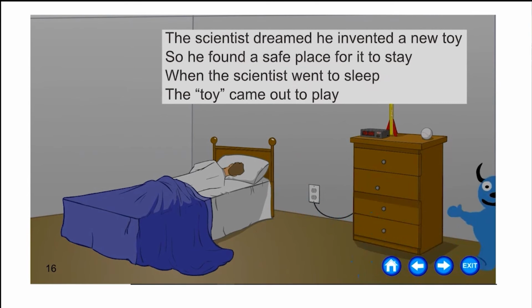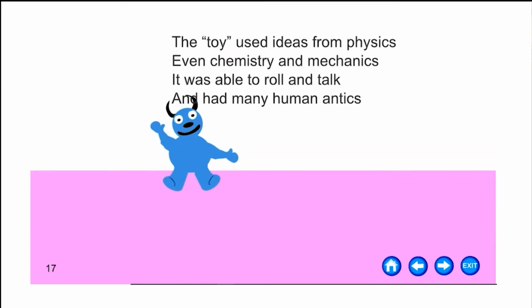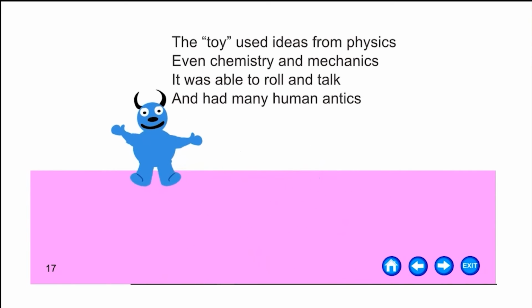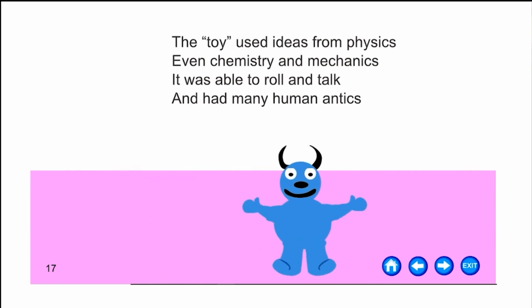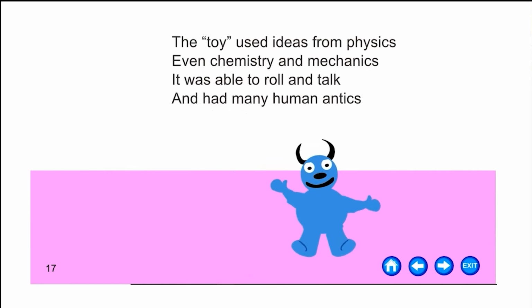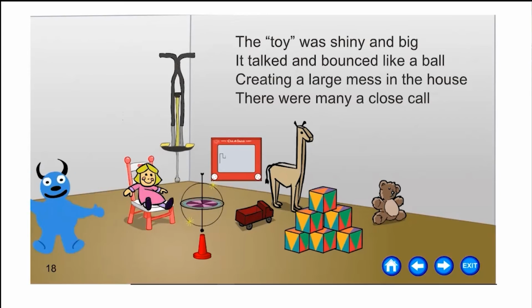The scientist dreamed he invented a new toy, so he found a safe place for it to stay. When the scientist went to sleep, the toy came out to play. The toy used ideas from physics, even chemistry and mechanics. It was able to roll and talk, and had many human antics.